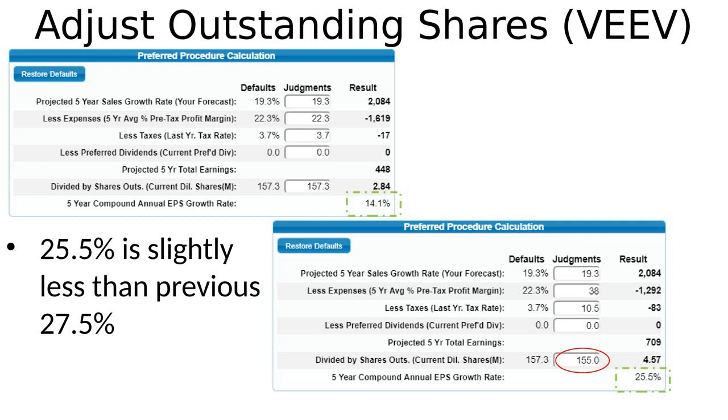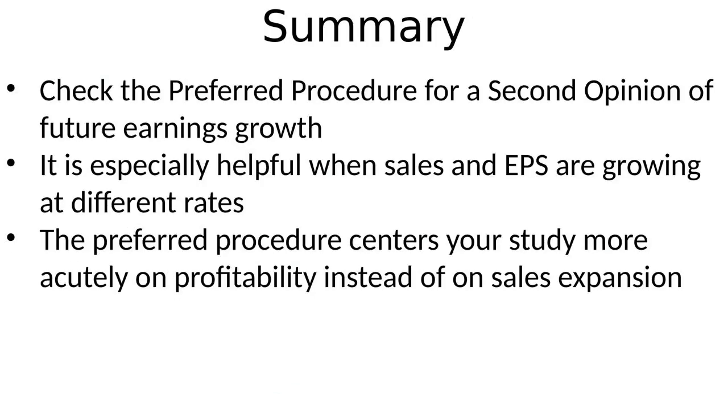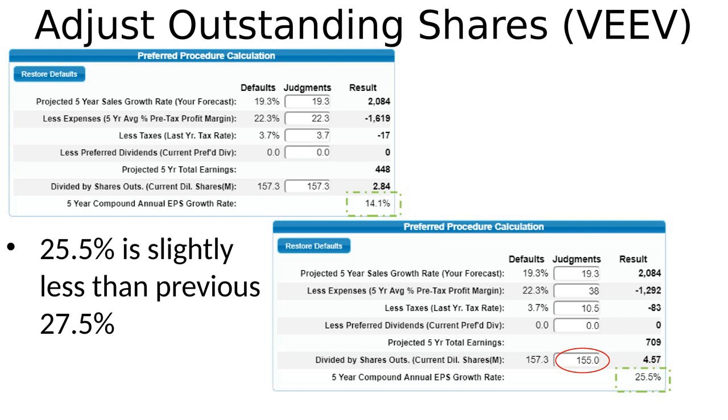Remember, we were at 14.1% over here. Okay. So, as a summary, check the preferred procedure for a second opinion for future earnings growth. And you can see back here on this slide, it said 14.1, but when you update for Value Line and the annual report, it not quite doubles. It goes up. In this case, 25.5%.